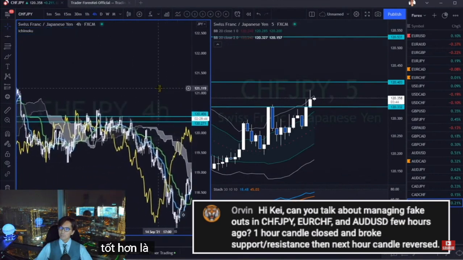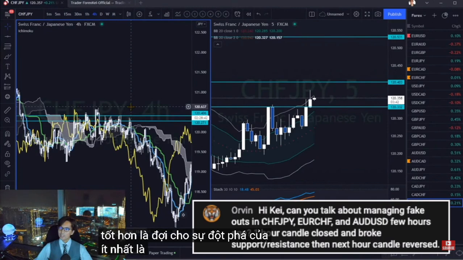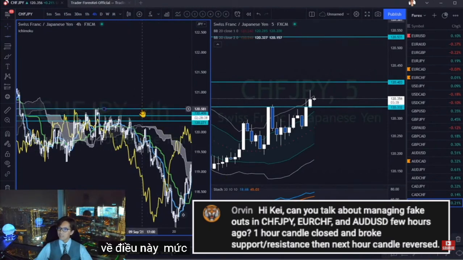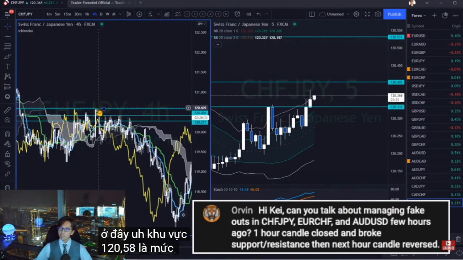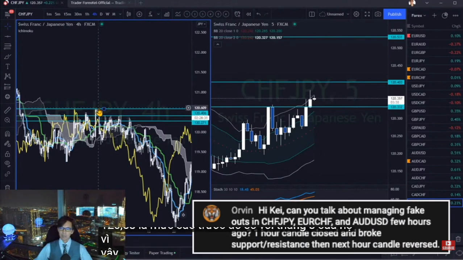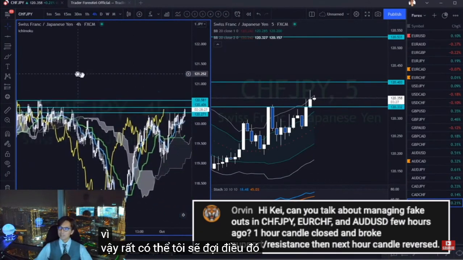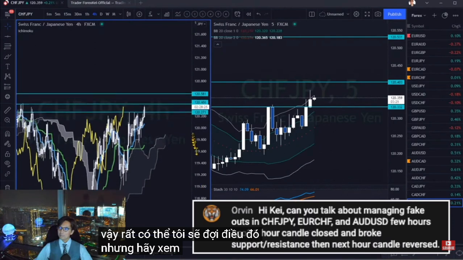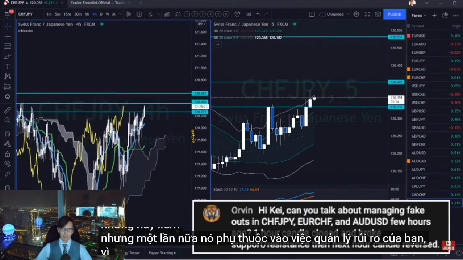Better to wait for the breakout of at least this level here. The 120.58 area was a previous high from August. So yeah, most likely I would wait for that.